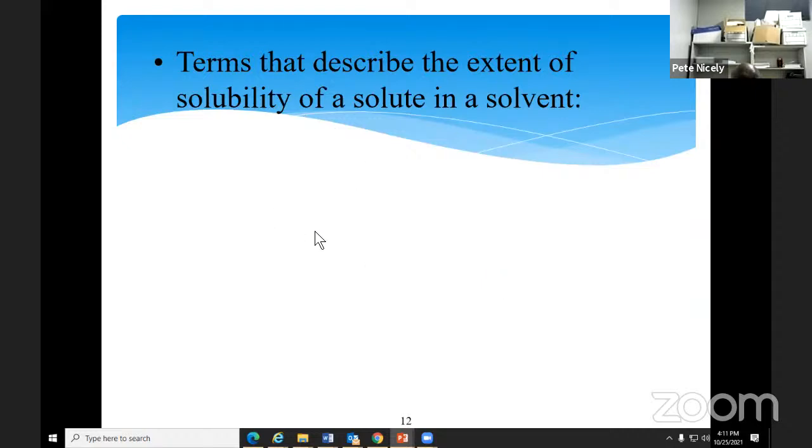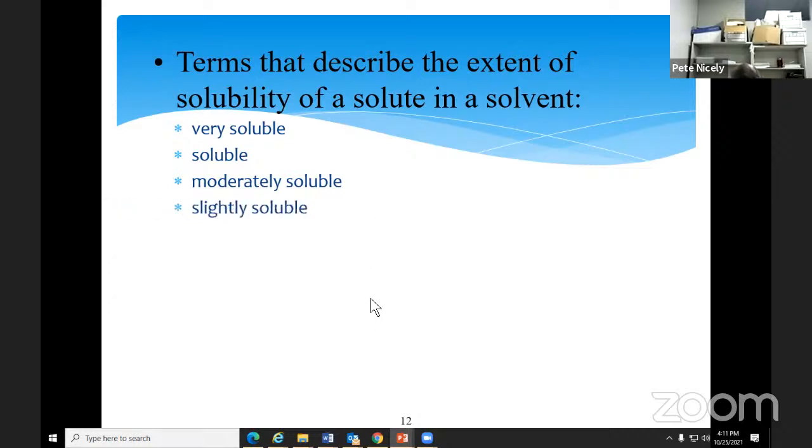So let's talk about some terms that are usually associated with the extent of the solubility of a solute in a solvent. And these are, of course, relative terms, right? You can have a solute which is very soluble in a particular solvent, or you can have it simply being described as weakly soluble, so therefore not as soluble as in the first case, or you can describe it as being moderately soluble in a solvent, or it can be slightly soluble.